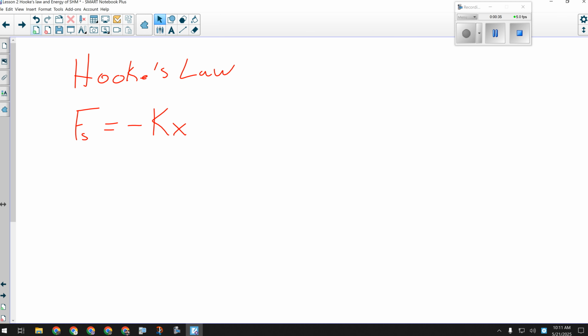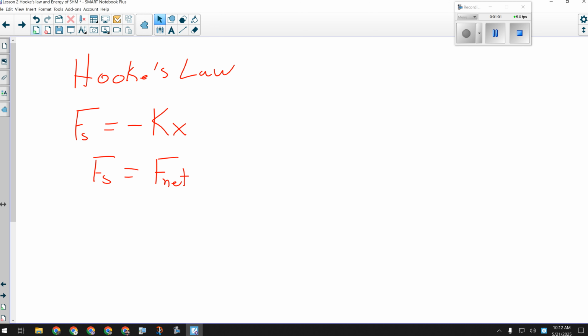Okay? The situations we said we could encounter with Hooke's law would be if the mass on a spring is oscillating back and forth on a frictionless horizontal surface, okay, that would be the only force, and thus the net force. So sometimes Hooke's law, or the restoring force, is the net force.